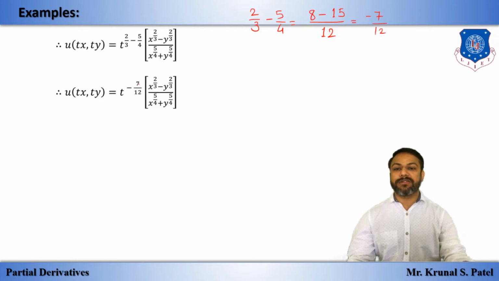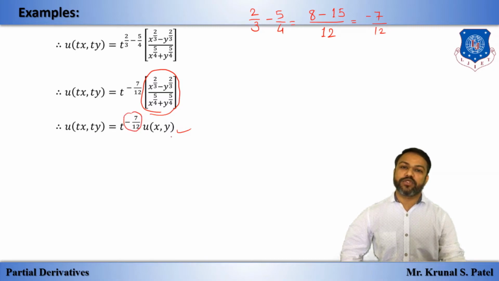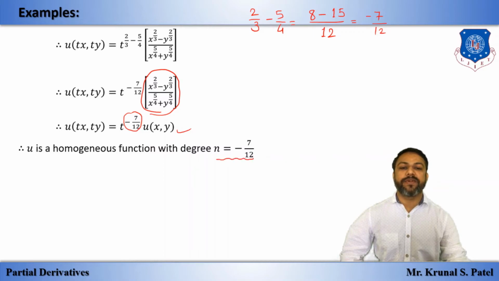So t raised to minus 7 by 12. And we can see here this is our u of x comma y. So we have this form as we have discussed: u of tx, ty is equal to t raised to n into u of x comma y. Therefore, u is a homogeneous function with degree n equal to minus 7 by 12.